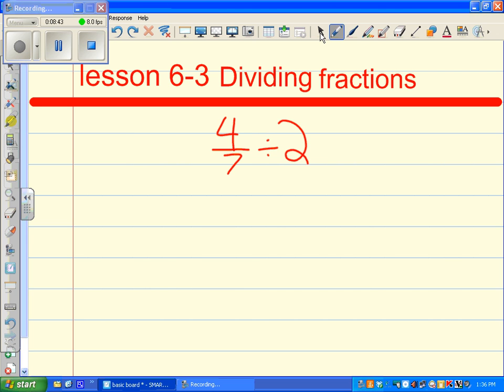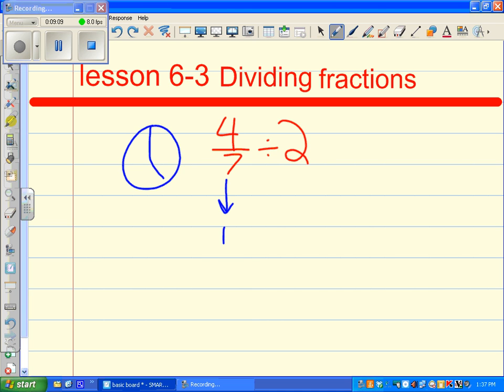I have 4/7 of something, which is a little more than a half. And I have to split that up amongst 2 people. Okay? No, wait. How many 2's can I fit in there? Well, we're not going to end up with a very big number here. So, let's see how we do that.